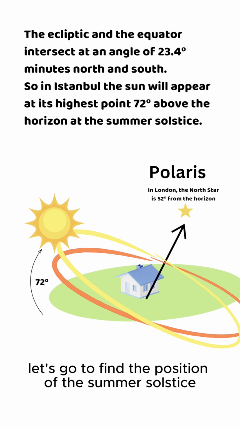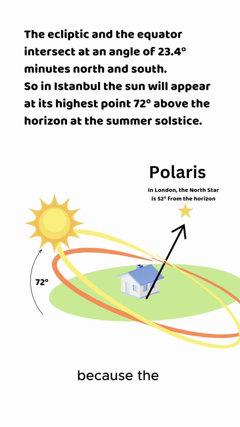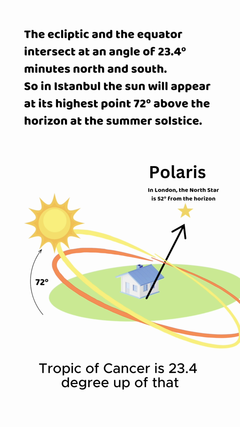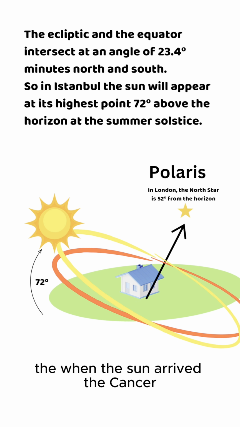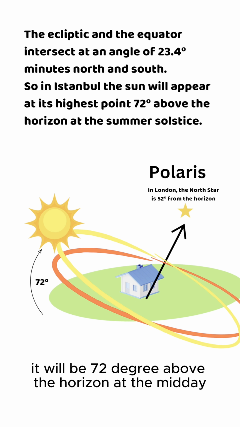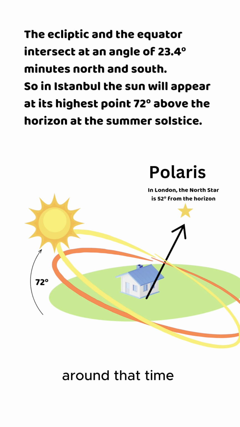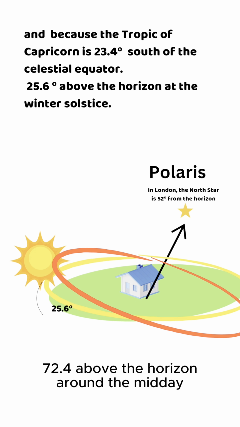Now, let's find the position of the June solstice sun. The Tropic of Cancer is 23.4 degrees above that celestial equator. So in Istanbul, on the 21st of June, when the sun arrives at tropical Cancer, it will be 72.4 degrees above the horizon around midday.